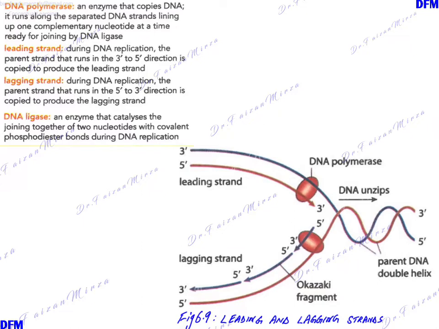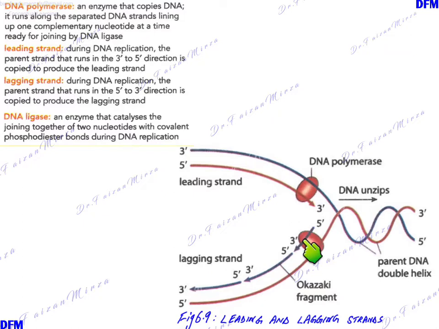Now when DNA polymerase keeps on working and the strand keeps opening up, this is DNA polymerase copying the strand in this direction. For the new nucleotides which are added into the growing strand, in one we have a leading strand in which the strand grows in a continuous direction, whereas in the other DNA strand, the exposed strand, we have DNA being copied in fragments called Okazaki fragments.